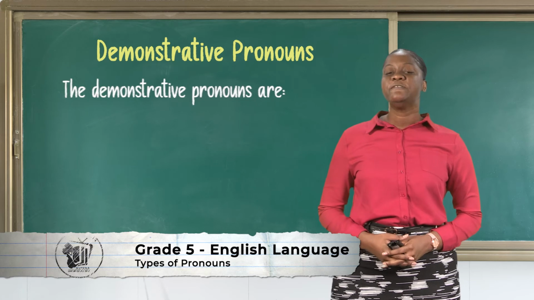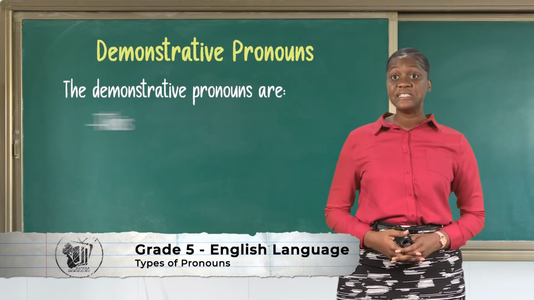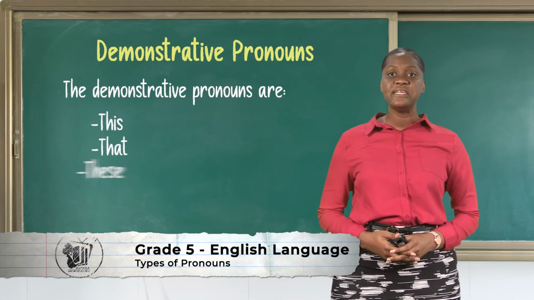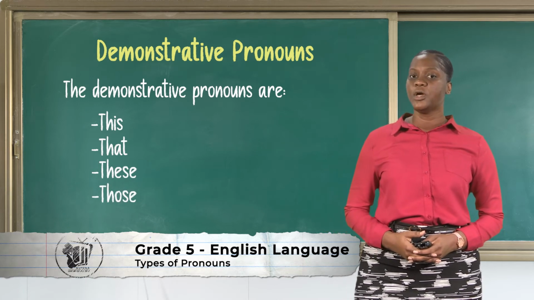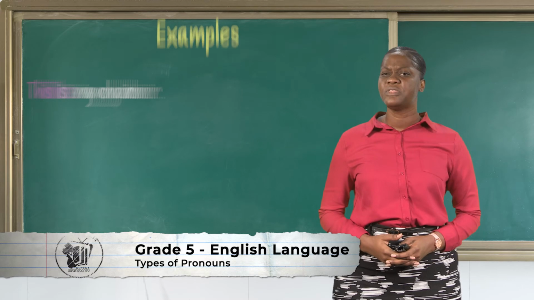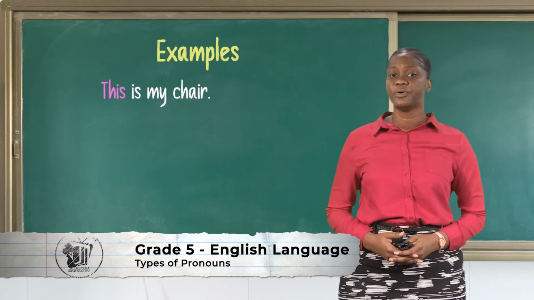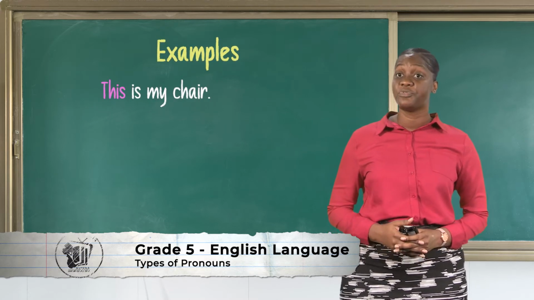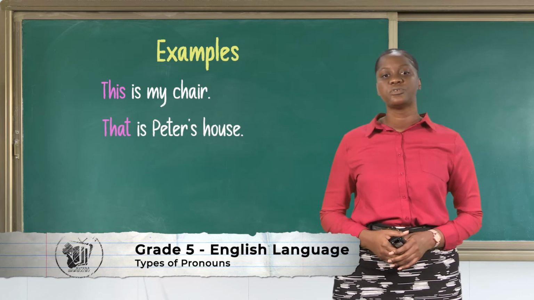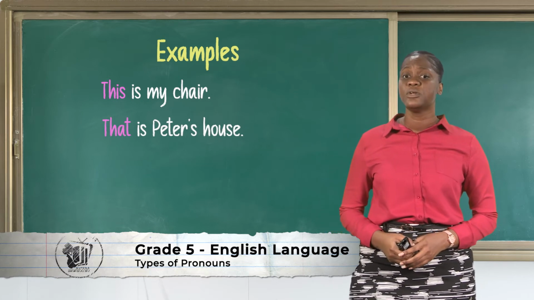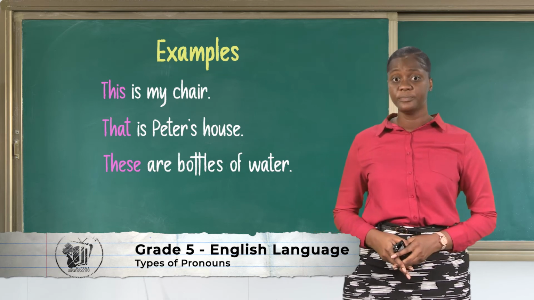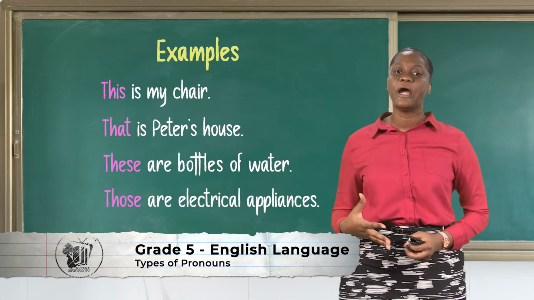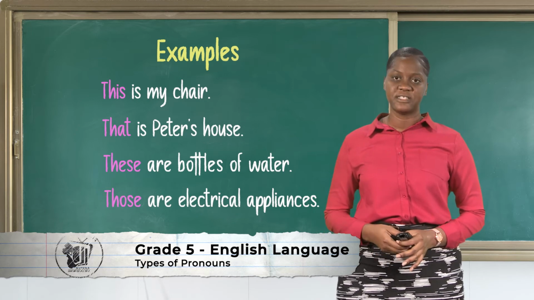The demonstrative pronouns are this, that, these, and those. Used in sentences, we may hear, "This is my chair," or "That is Peter's house," or even, "These are bottles of water," or "Those are electrical appliances."